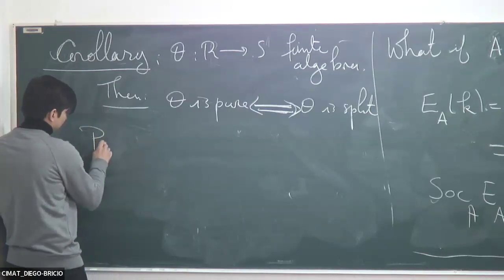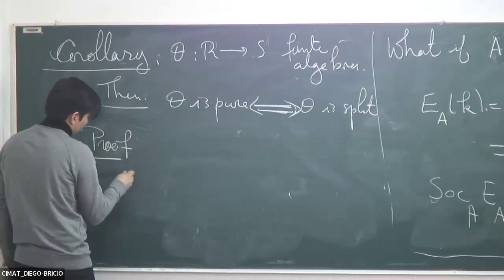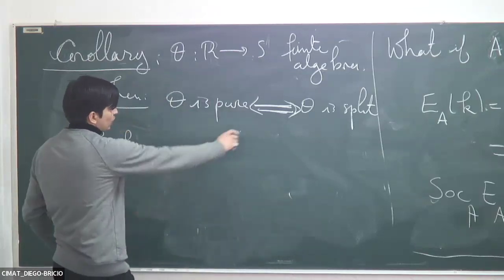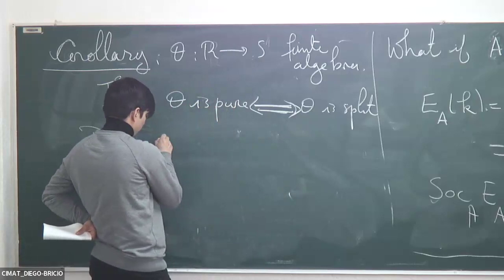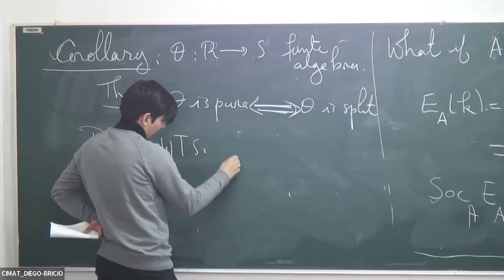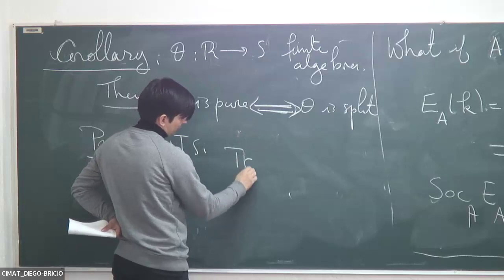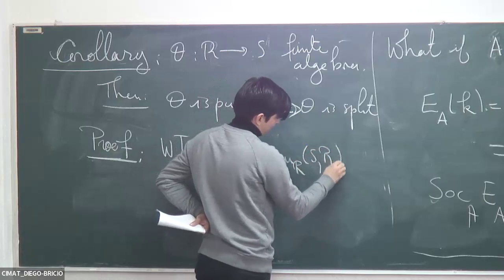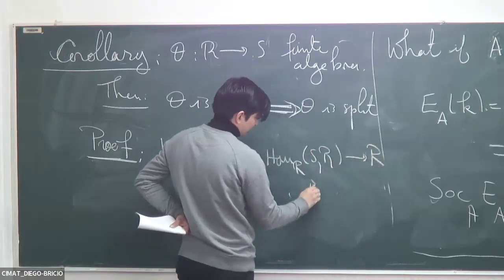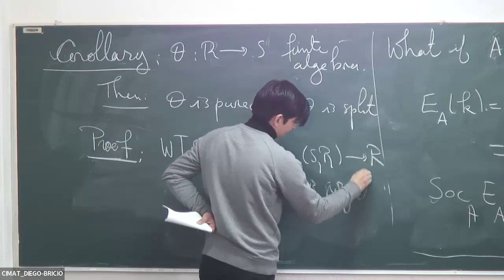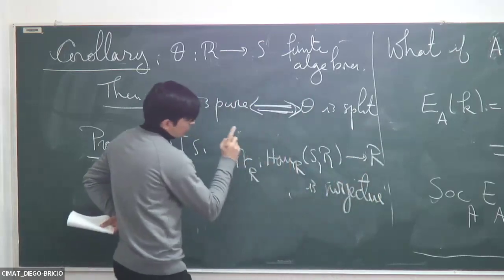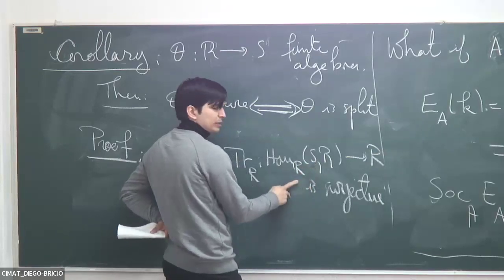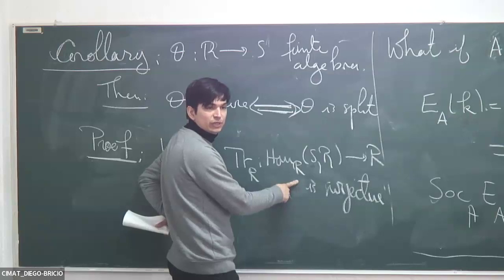So how do you prove this? Well, you want to prove that theta is split, right? So we want to show that the trace of R is surjective. Because this module here is finitely generated over R, what is the first thing we can do?